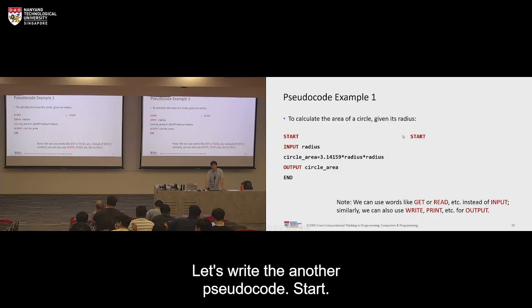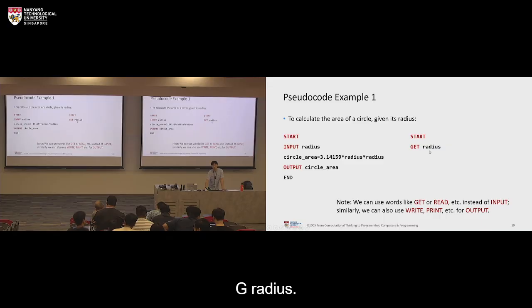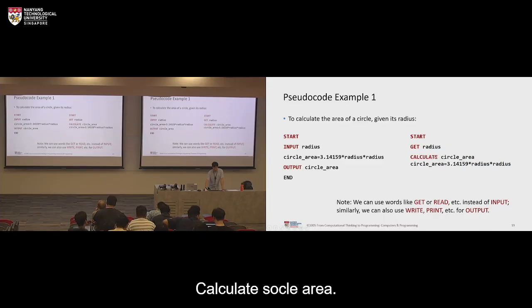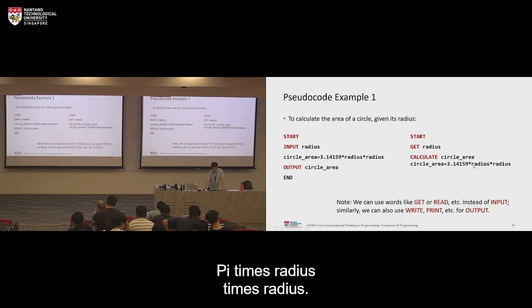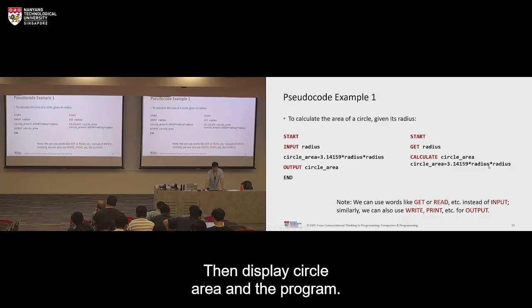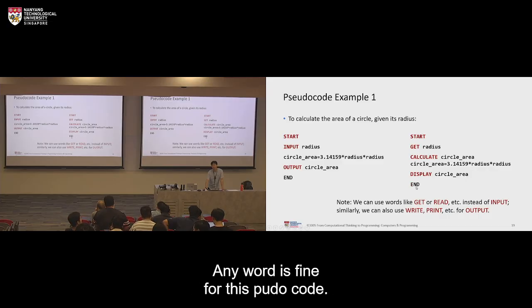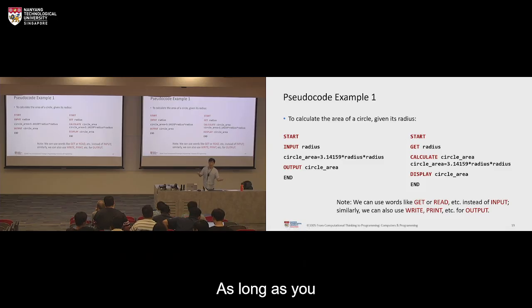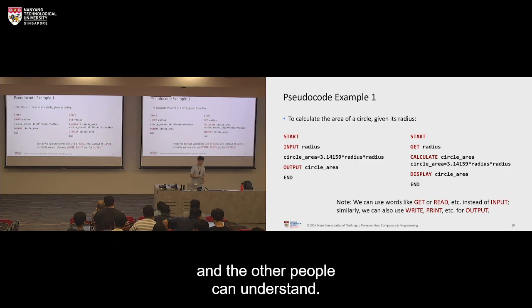So let's write another pseudocode. Start. Get radius. Calculate circle area. Circle area equals pi times radius squared. Then display circle area. End the program. So any words are fine for this pseudocode, as long as you and other people can understand.